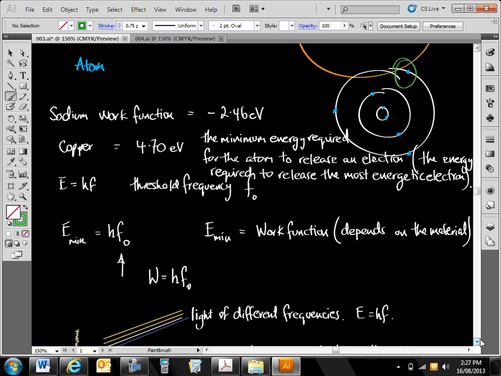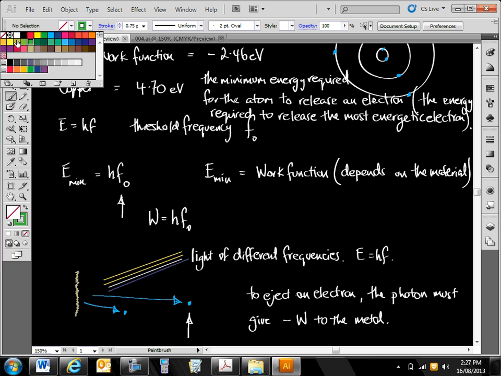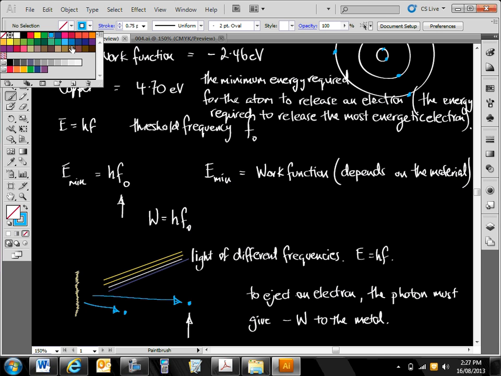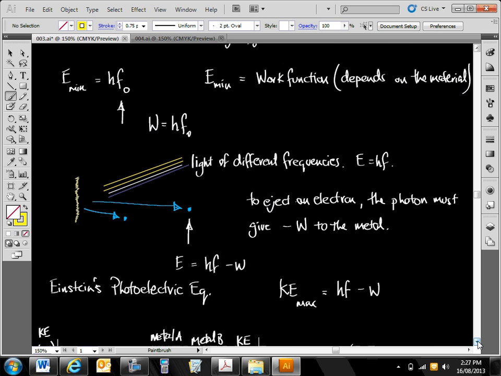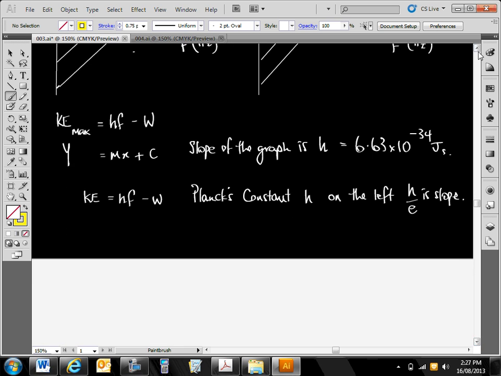Okay, we'll move on. Remember, the threshold frequency is f sub 0, we've said. The minimum energy, now this might be a photon.